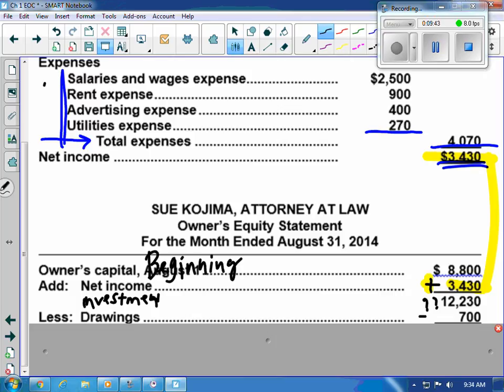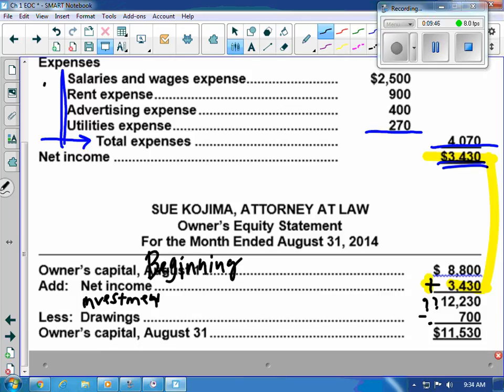At this point, we would stop, single and double rule, and we'd say owner's capital, end, that owner, Sue Kojima, is worth, or her capital is worth $11,530.